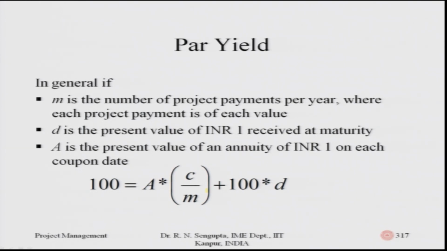D is the present value of Indian rupees received in maturity. So, what you will do is try to find out the present value of two terms. One is the present value of the principal amount whenever it is paid, plus the overall amount based on the intermittent payments which had happened, and you want to find out the present value of that.